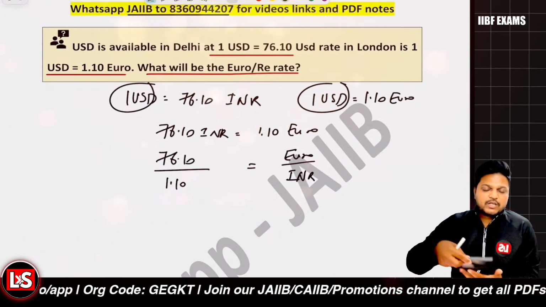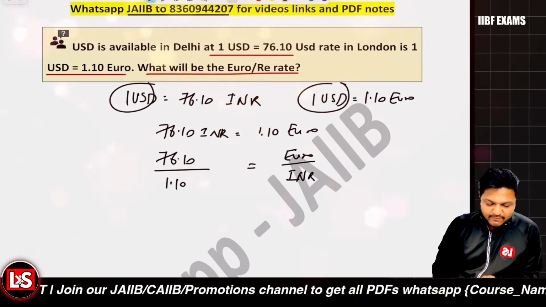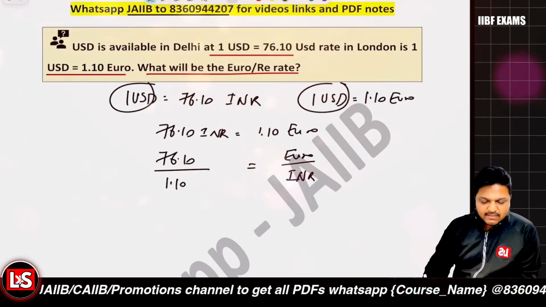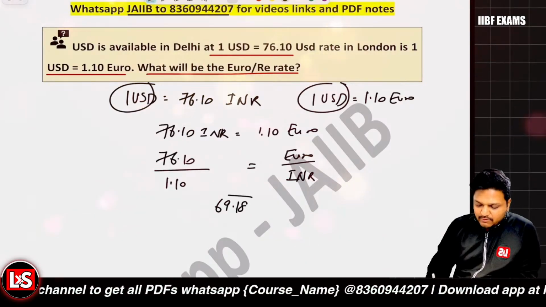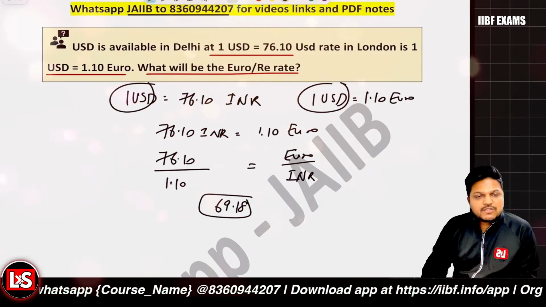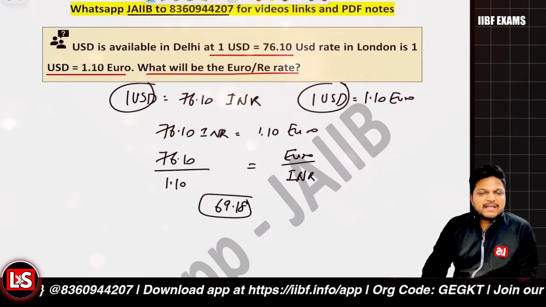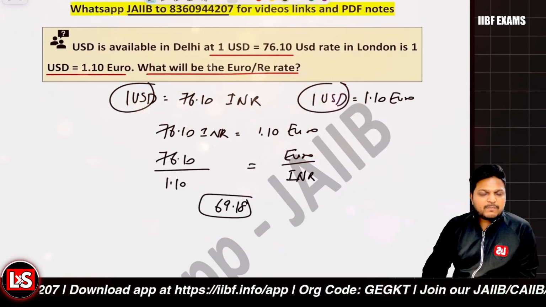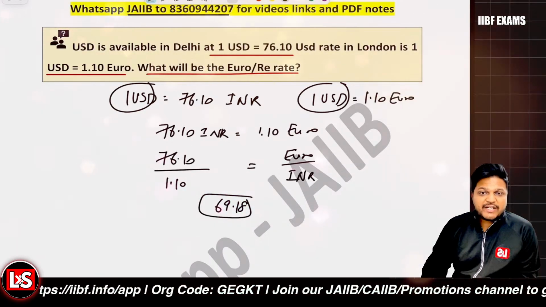Simple as that. Now simply solving it, 76.1 divided by 1.1, that is 69.18. So the price is 69.18 we calculated. It was a simple case of the cross rate or chain rule mechanism where no direct pair calculation is available, so we calculated using the cross rates.